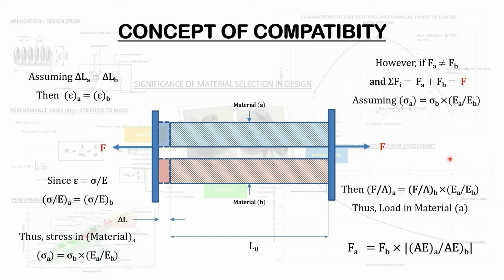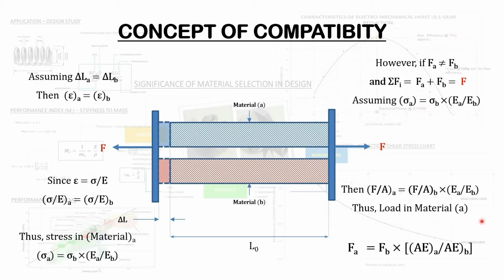So, since we know that sigma is equal to F over A, we can use the F over A formula to redefine the formula with respect to stress. Thus, F divided by A with respect to material A will be equal to the ratio of the force and its area times the ratio of the elastic modulus of material A with respect to material B.